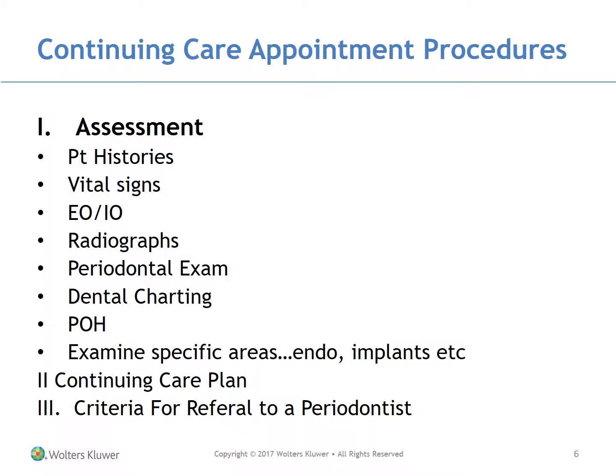Supplementary questions are asked to determine the present state of their health with an emphasis on changes since the previous appointment. Remember, we update the medical history at every visit, but the patient completes the medical history themselves once a year. Okay, so you're updating it at every visit. The patient completes it every year.